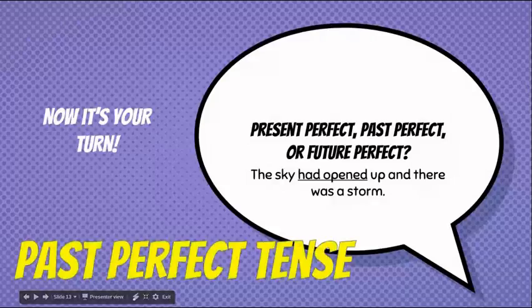If you guessed past perfect tense, you're correct. Just think, it says past tense. Yes, this was past tense. And why is it perfect? Well, it's past perfect tense because we used a form of the word have in it to make it complete.